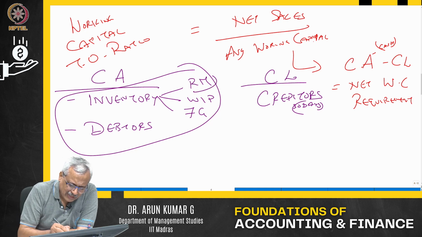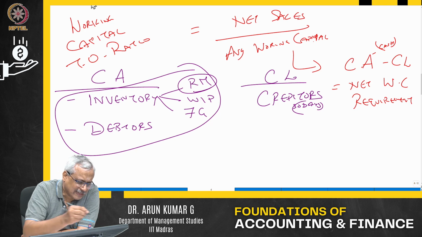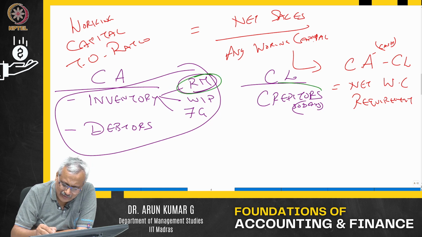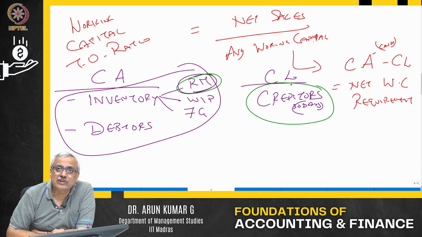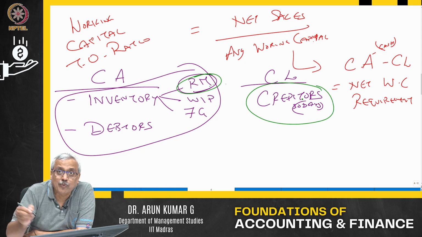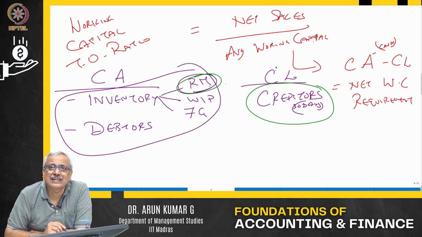So, whatever raw material that is there here, I have not paid for it. Somebody has given me that credit. So, I do not need money for the raw material that is here because I have bought on credit from somewhere. So, part of my current assets is financed by my current liabilities.